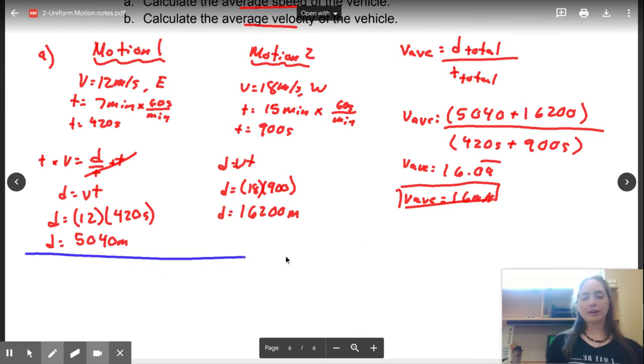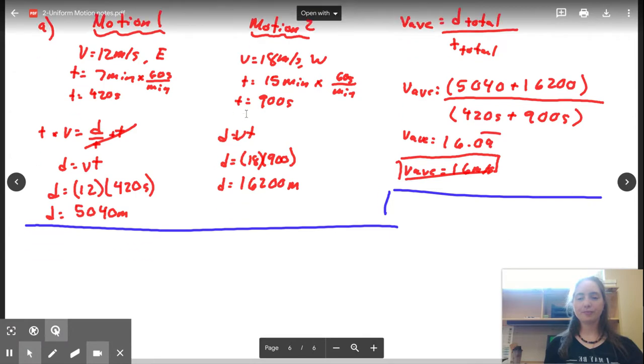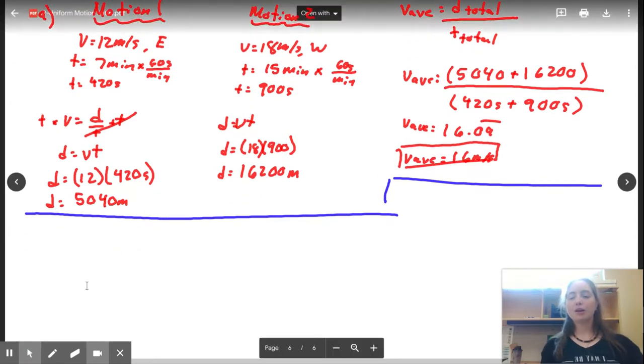I'll draw a line here. There we go. Starting to run out of some space. There. Okay, so we have our average velocity is going to equal our total displacement over our total time.